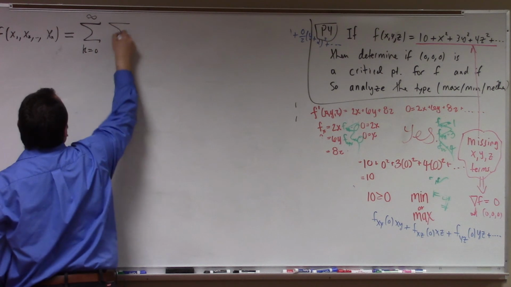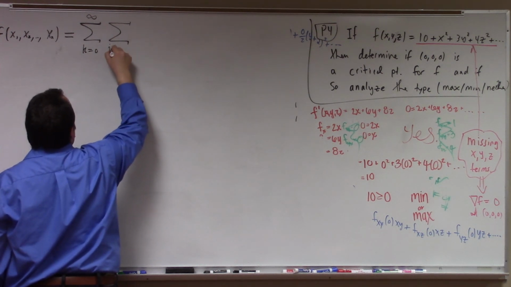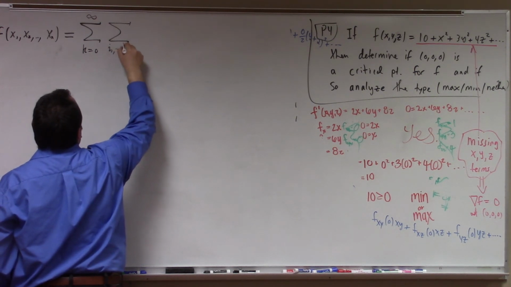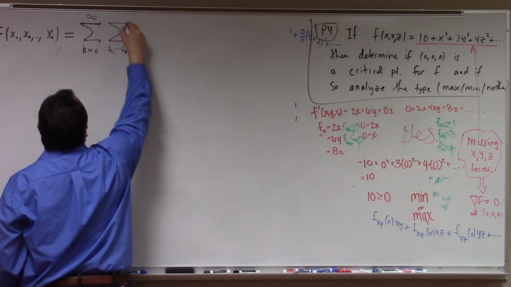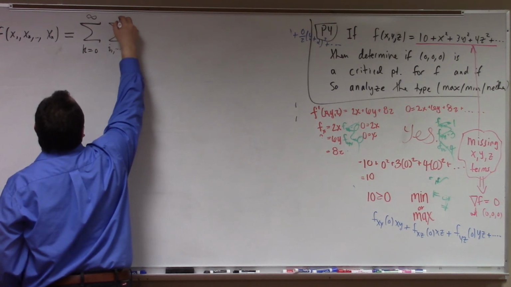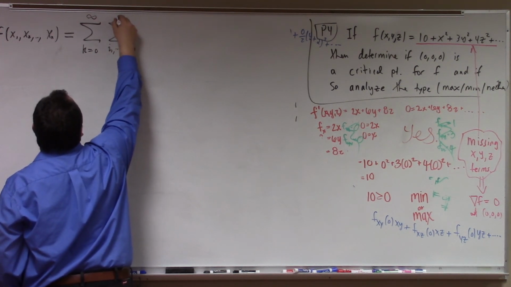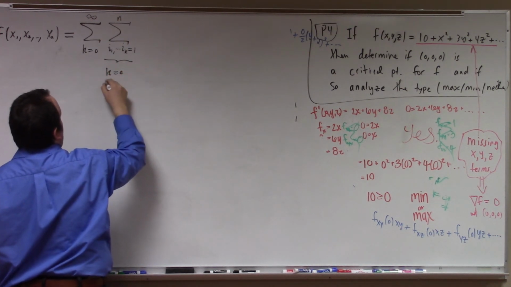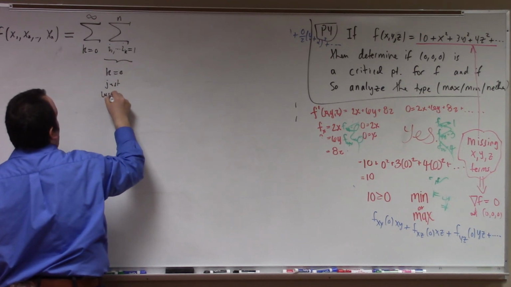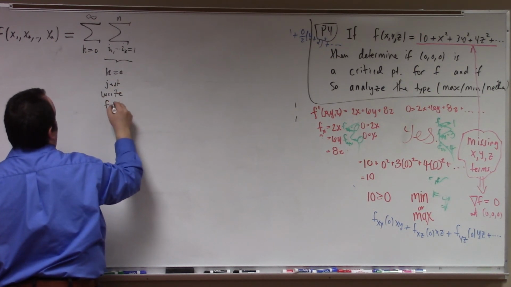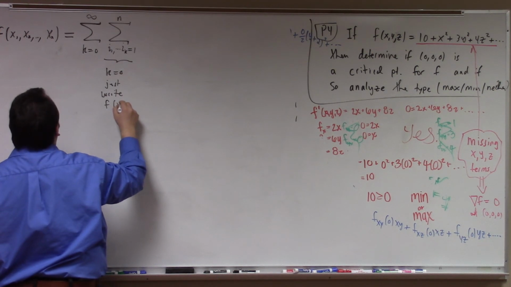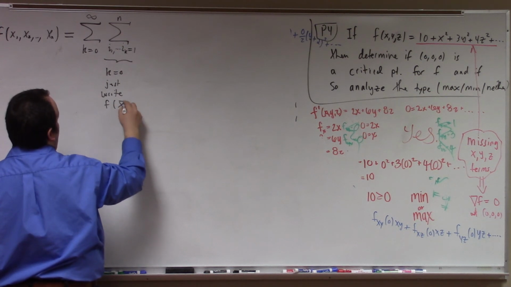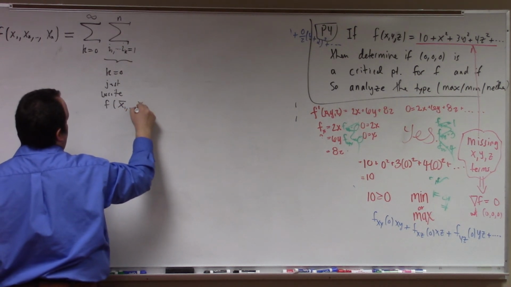The sum of i1 through ik equals 1 to n, with the understanding here, when k equals 0, just write f of, let's see here, I need another letter, I'll put bars on it, x bar 1, through x bar n, right?